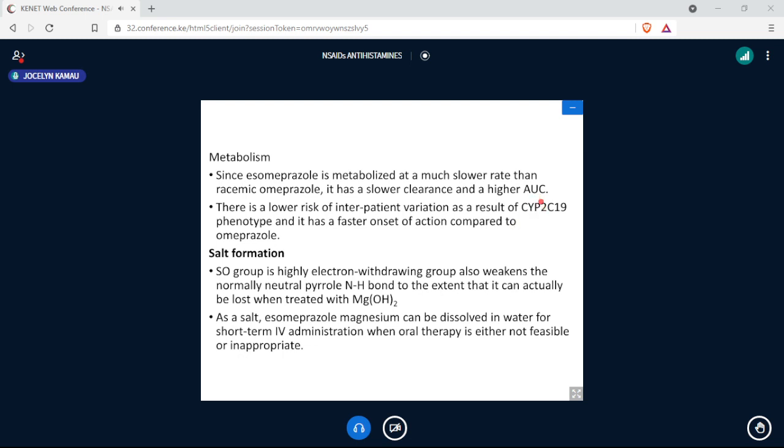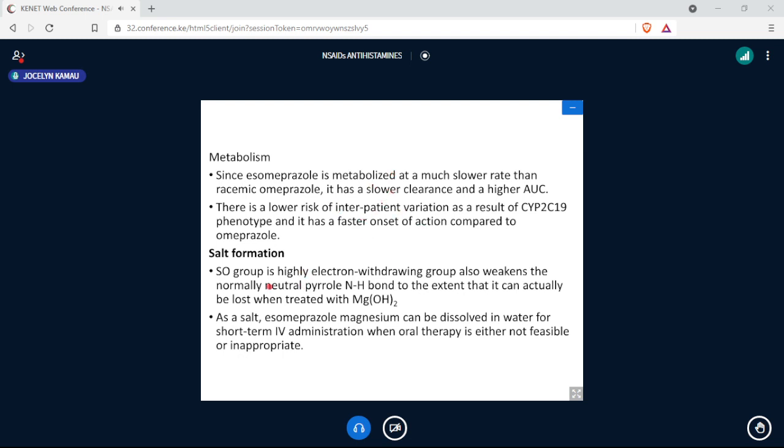It's also metabolized quite a lot by cytochrome 3A4. So even if somebody has interpatient variation, in other words, variant alleles of cytochrome 2C19, you will not get a lot of toxicity because there's an alternative metabolism of esomeprazole, and also the rate of metabolism by cytochrome 2C19 is already reduced. So that also hinders a lot of toxicity with esomeprazole.